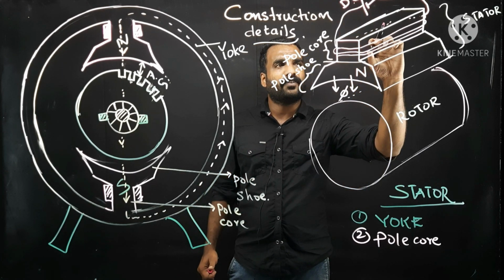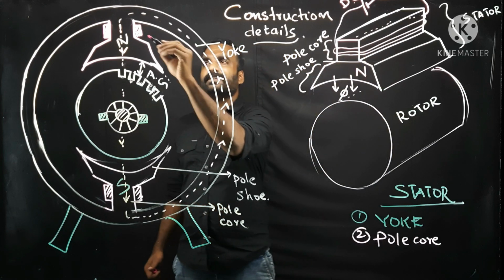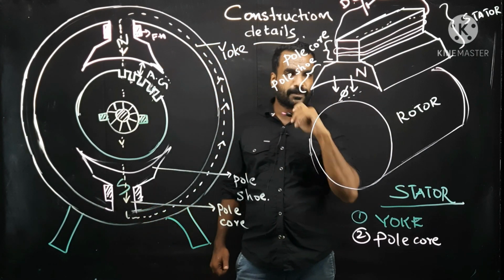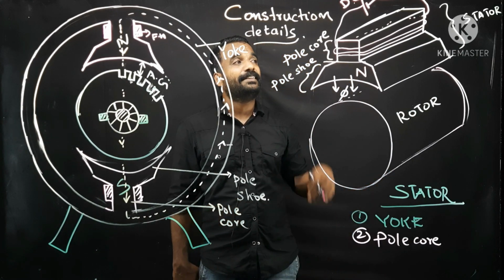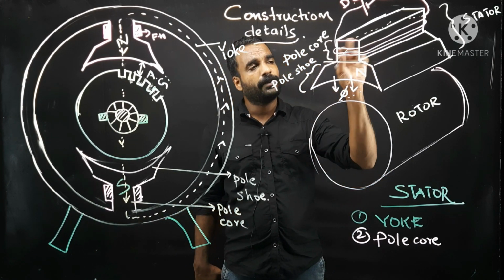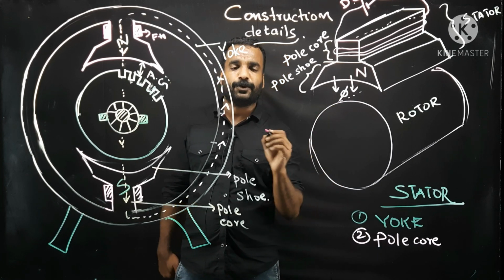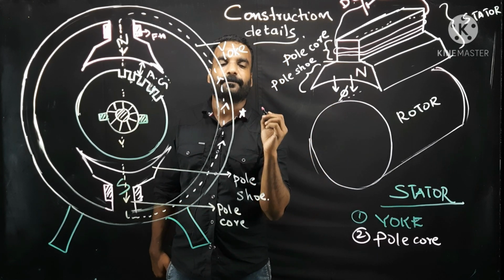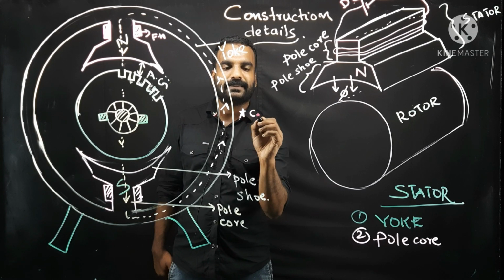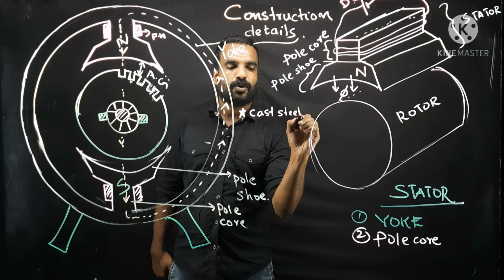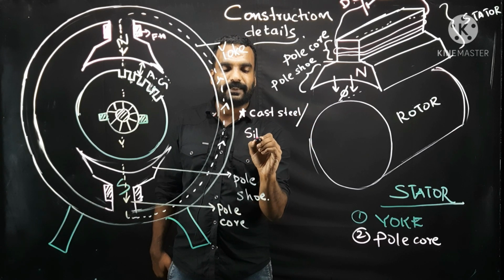This field winding we can see in the front view also. This is the field winding. This field winding is placed on the pole core. Before that, I will tell you the material. The material is cast steel or silicon steel.